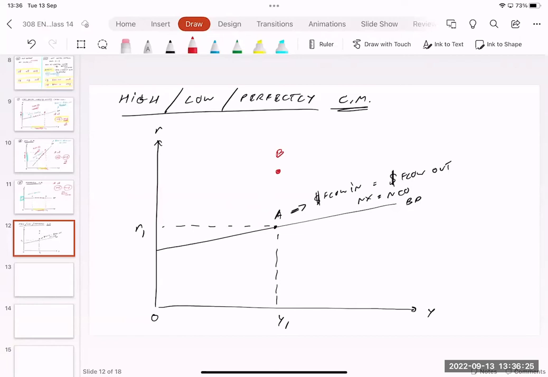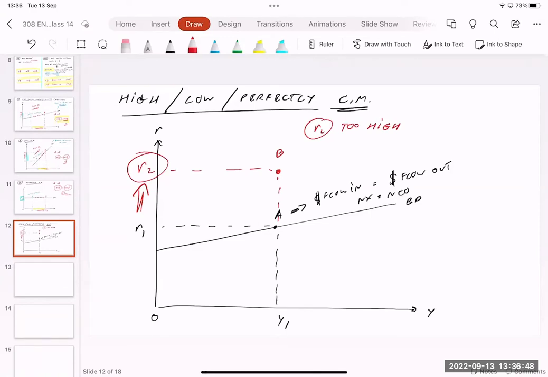Point B is above the BP curve, and you can see that point B means that the real interest rate R2 is too high, higher than normal. When the real interest rate is higher than normal, what does it mean? It means that the return in our country is really high.